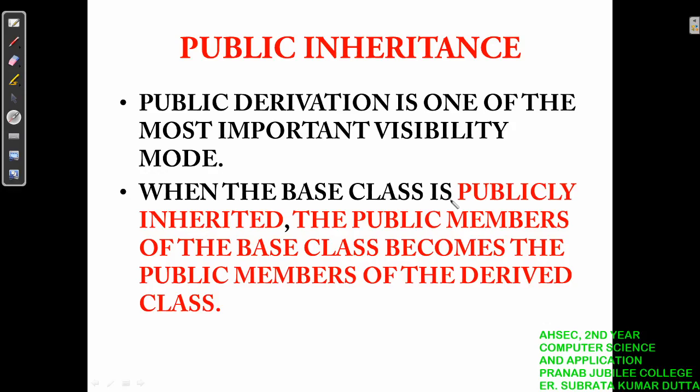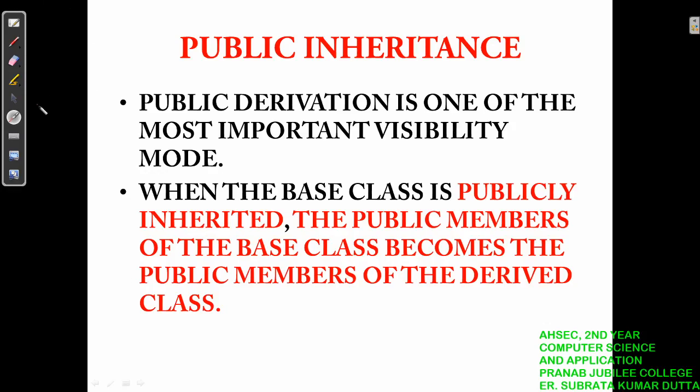There you will see that the class child is derived as public of class parent. So when a base class is publicly inherited, the public members of the base class become the public members of the derived class. That means whatever access specifiers the members have in the base class will be the same in the derived class.